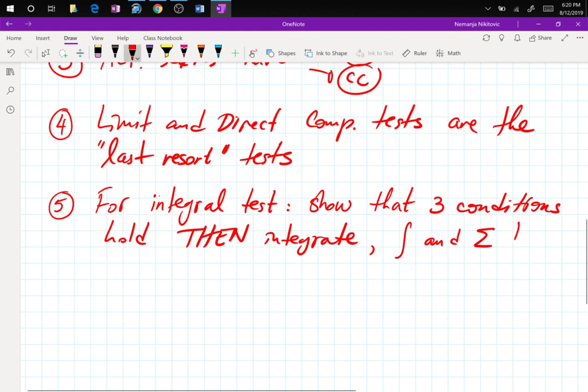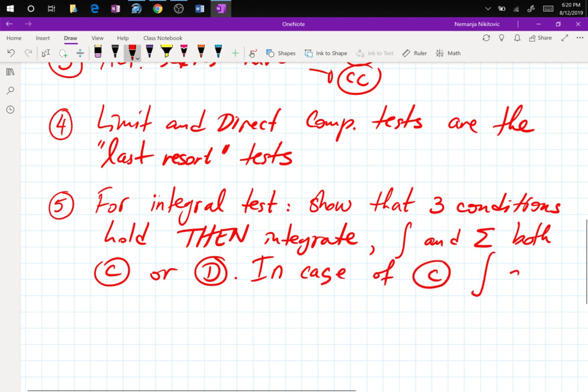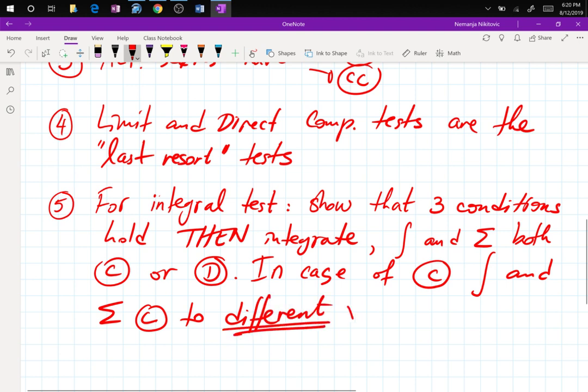Let's just say both converge or diverge. In case of convergence, integral and sum converge to different values. So please do not say, oh, integral was, let's say, convergent at 7, and then you say series converges at 7. No, we don't know where it converges to.